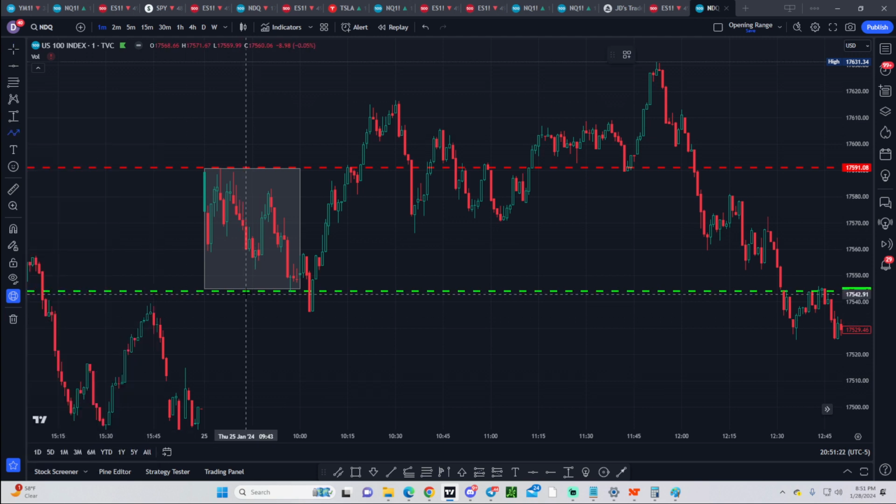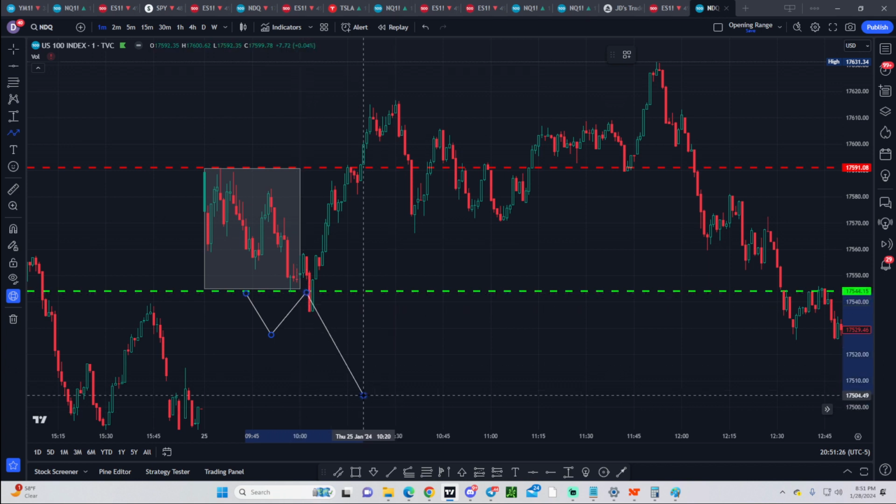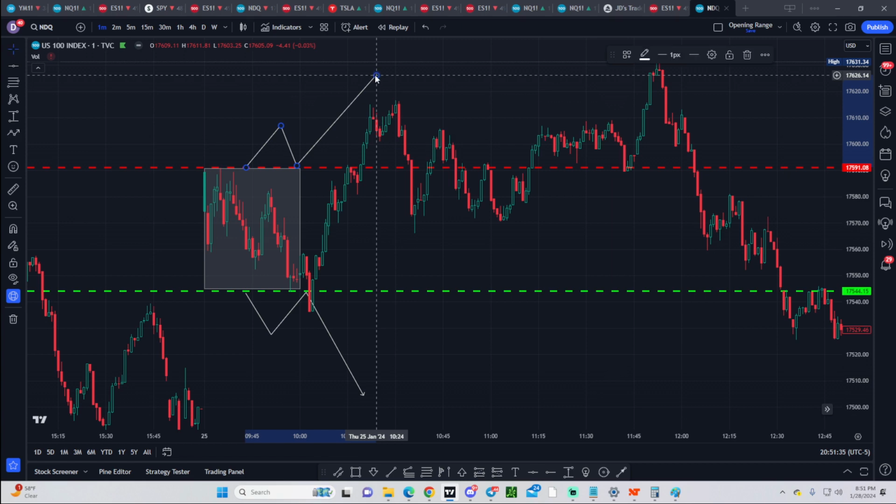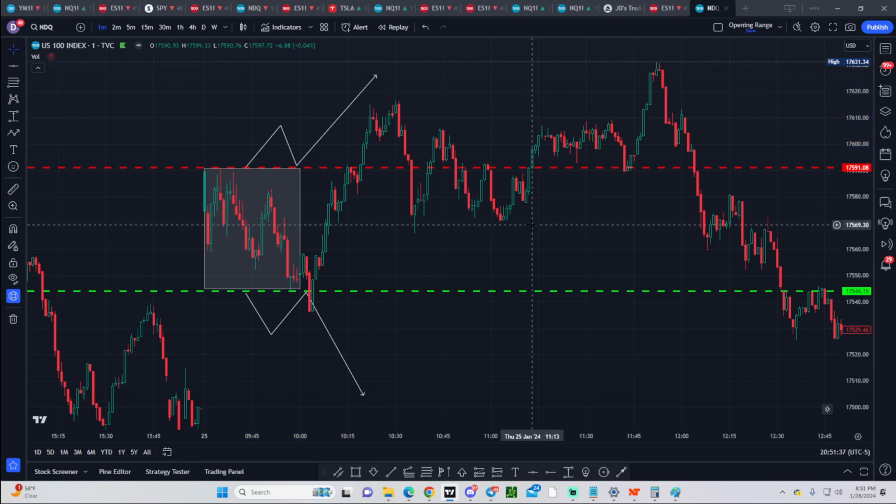So we're looking for a break and retest, so we can take a position. That is the pattern that we're looking for.